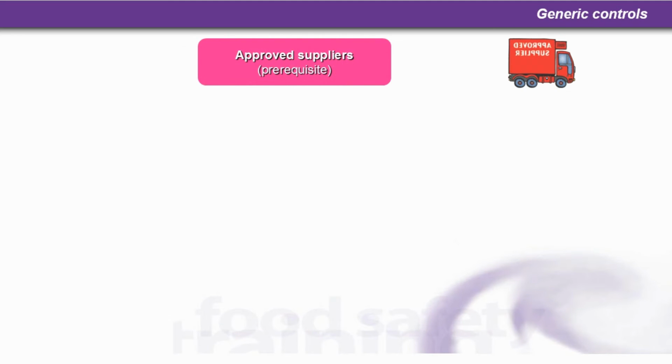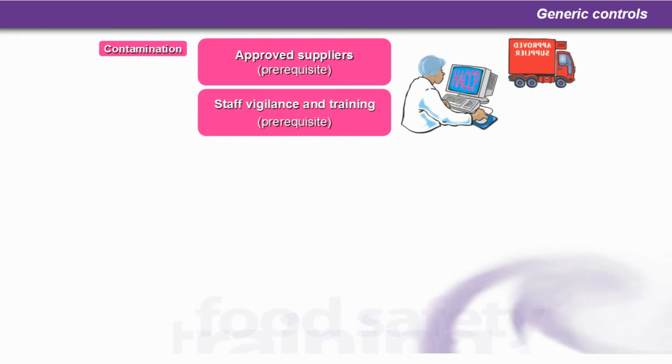Generic controls: using approved suppliers, which is a prerequisite or part of the prerequisite programs. Here you could get contamination. Staff vigilance and training, another prerequisite, and you could get contamination, multiplication and survival of bacteria or other types of contamination.